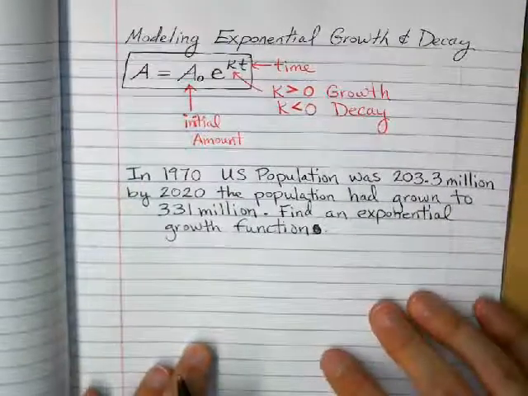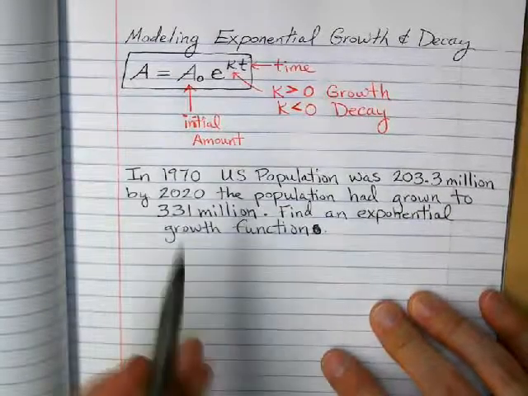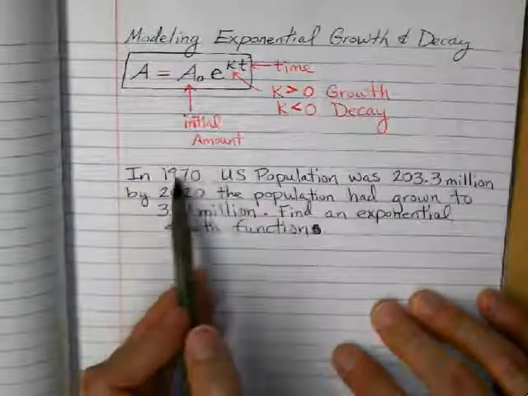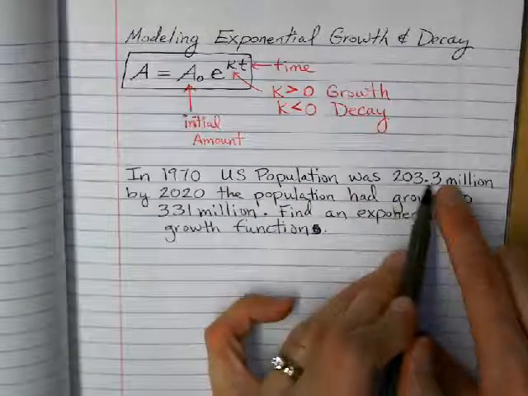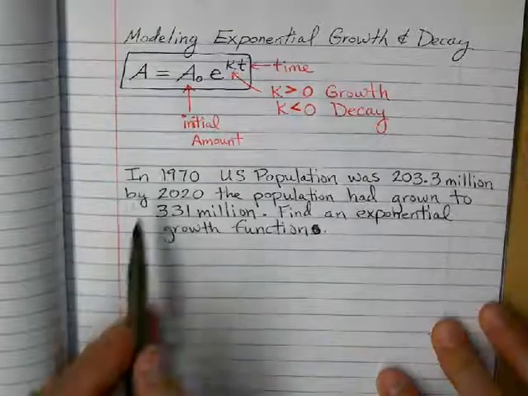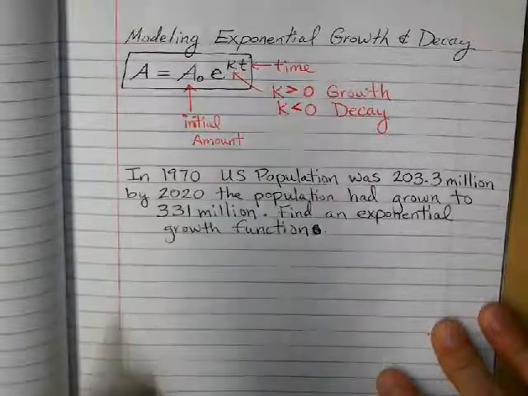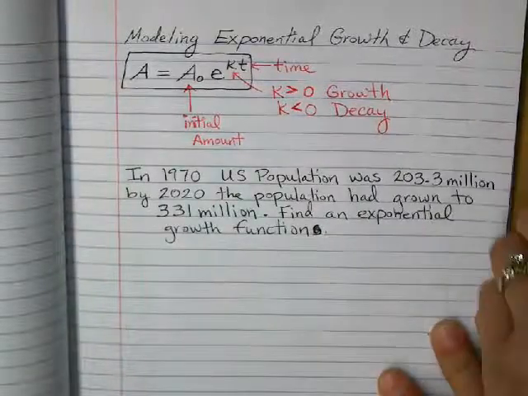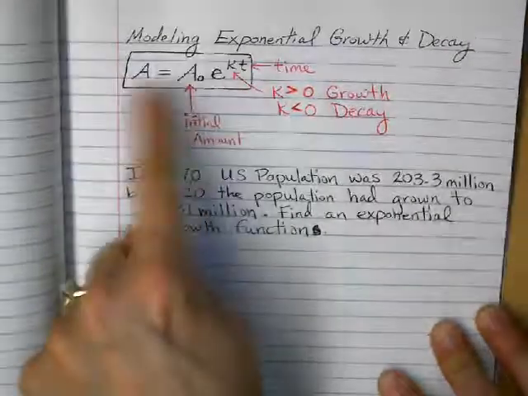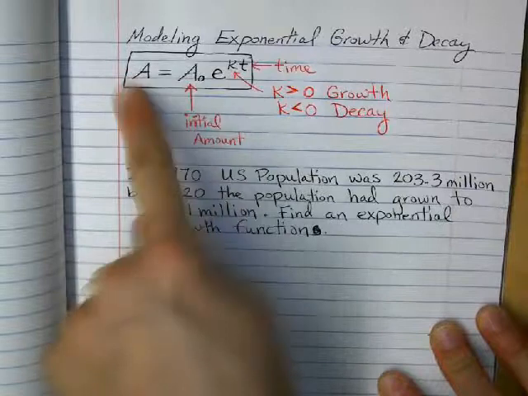Okay, so 1970, that was quite a while ago. It's saying the U.S. population was 203.3 million. Then by 2020, it's gone up to 331 million. Find an equation, a function. This is a function up here, some kind of equation you need.